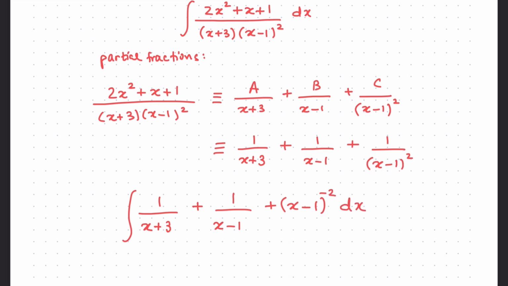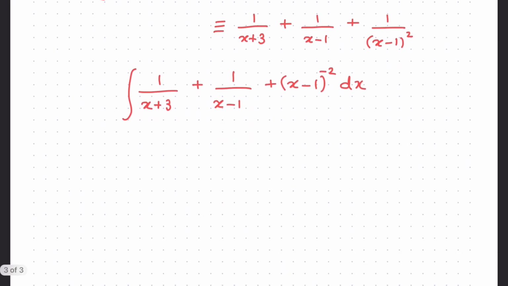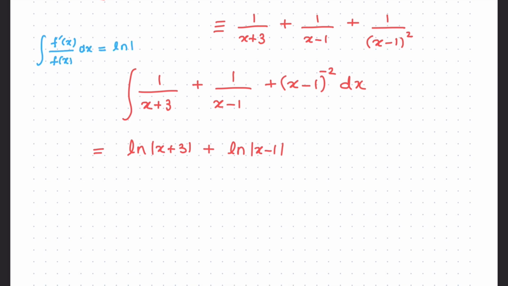The reason I did this is because for this term to integrate I have to apply the power rule. For these two terms I don't have to apply the power rule. For these I can use log. So the integral will be, for the first term, ln of x plus 3. For the second term, ln of x minus 1. For these two I have used the formula that the integral of f prime of x over f of x is equal to ln of f of x.